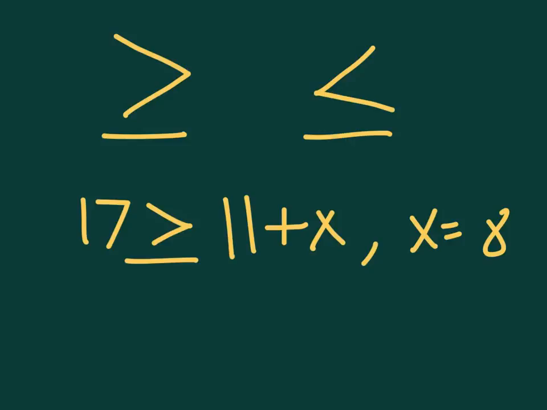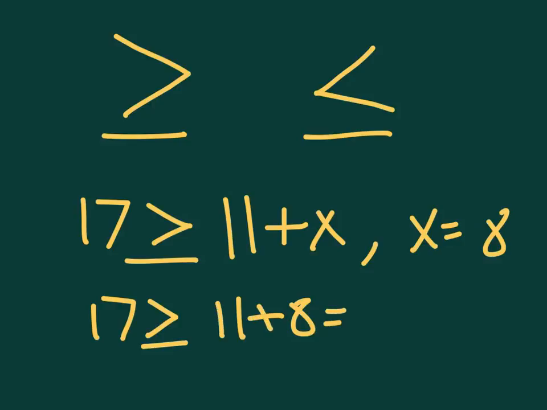So I plug that value in, and I get 17 is greater than or equal to 11 plus 8, which equals 19. So this inequality is false. It's not true.